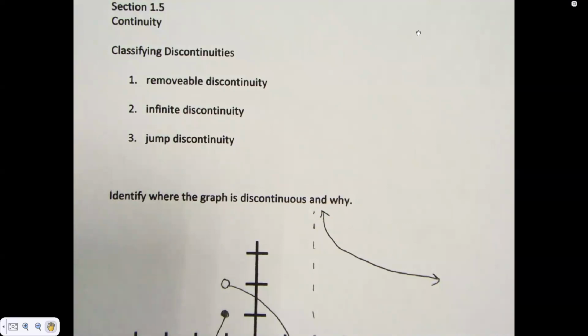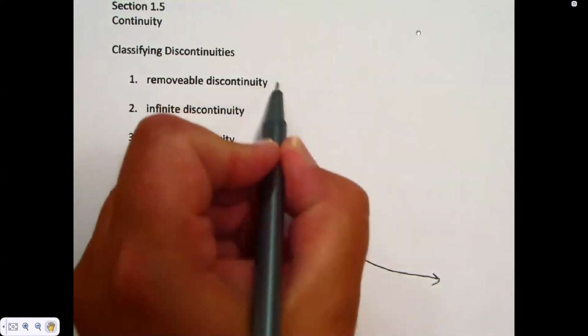Like I said, we kind of have gone through these. Does anyone remember? They all pop up, maybe not the first two for sure, on rational functions. Does anyone remember what a removable discontinuity is? When you take out one thing, so we just call it, or I kept calling it, a hole.